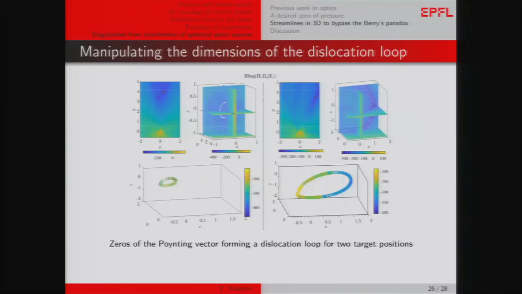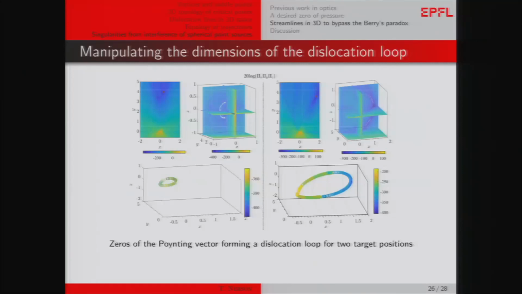So three characteristics, and basically what we're trying to do is mix all those parameters to make different sizes of dislocation. But what we still have here is, if you just see the zeros of the pointing vector here, you won't be able to see the vortex and the saddle.